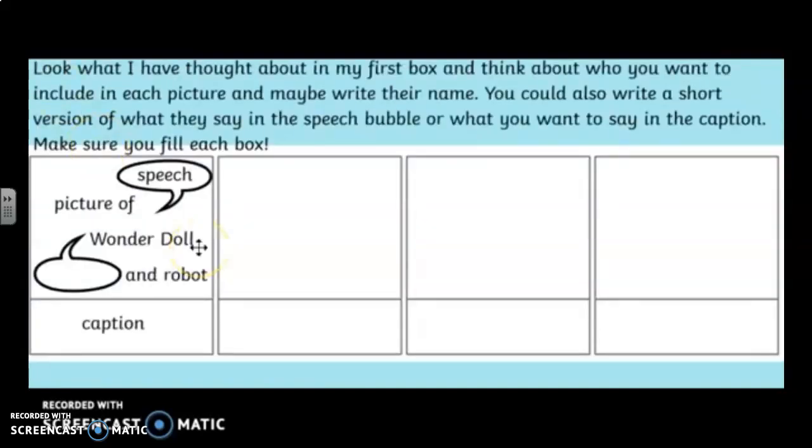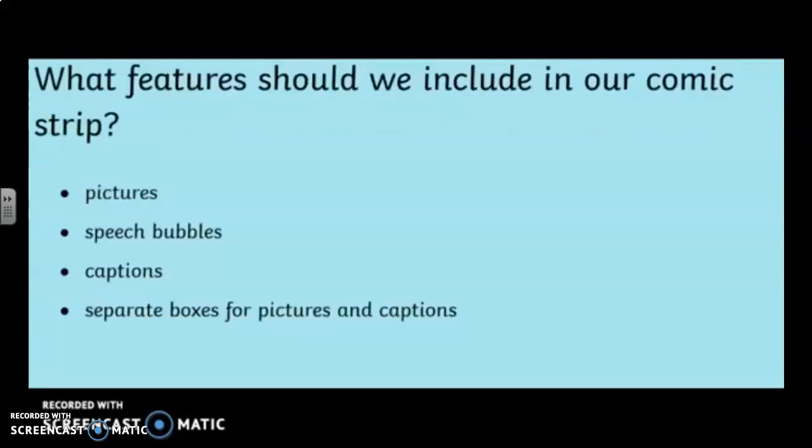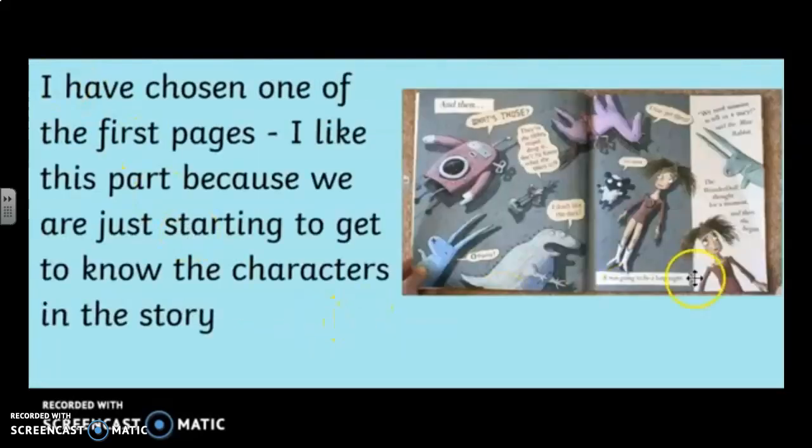Okay, so I've got a little bit of my plan here, and what I want you to do is have a little look at my first box and think about what I've included in there. So if you remember, I was going to do this page as my comic strip. Okay, so I can see I've got Wonder Doll, I've got the horse, I've got the robot, I've got the dinosaur.